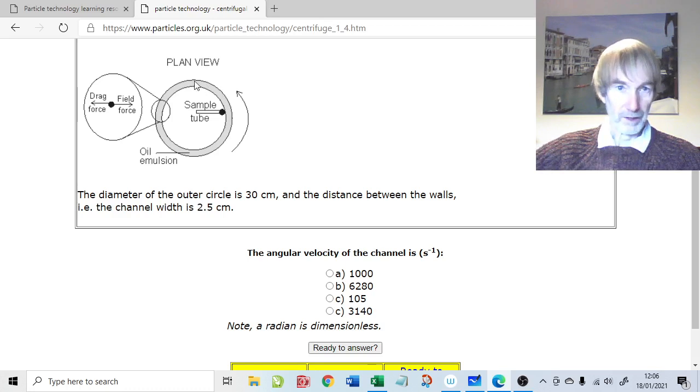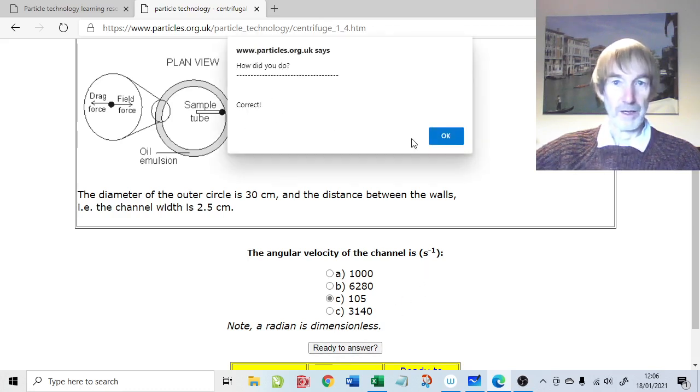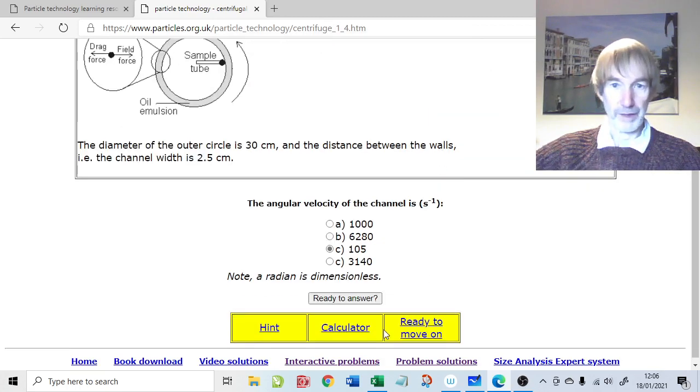So to start with, this greyed out section just here contains droplets that include 10 micron drops, but as time goes on and the tube is rotated round and round at 105 seconds to the -1, the 10 micron drops will all migrate to the inner surface and be taken away by the sample tube. Okay, so we said 105 radians per second, or really seconds to the -1. So let's just check that that's the correct answer. It is. That's good. So let's move on.